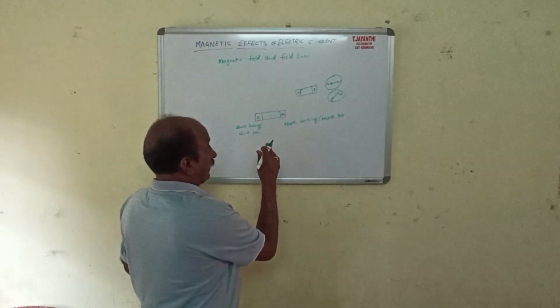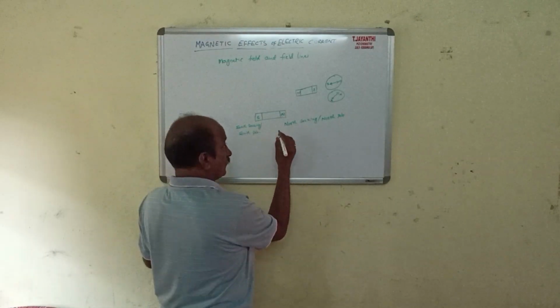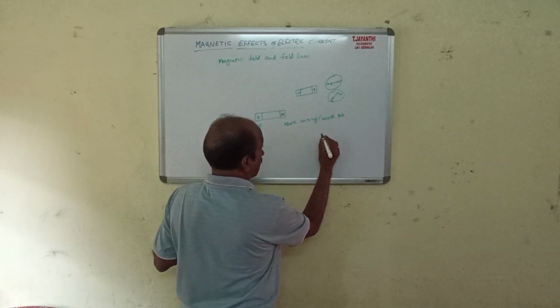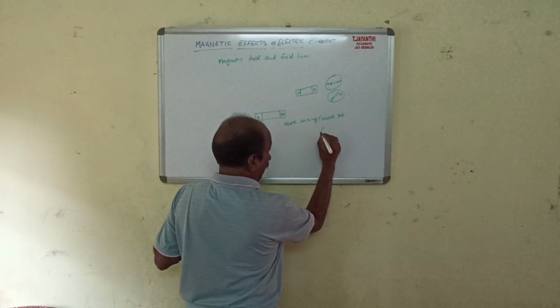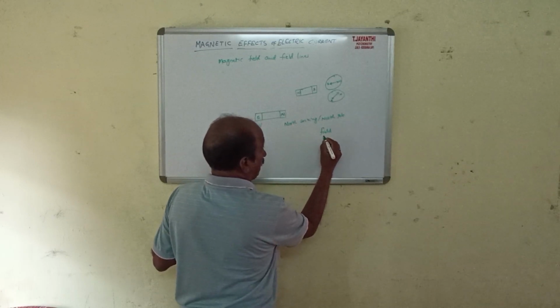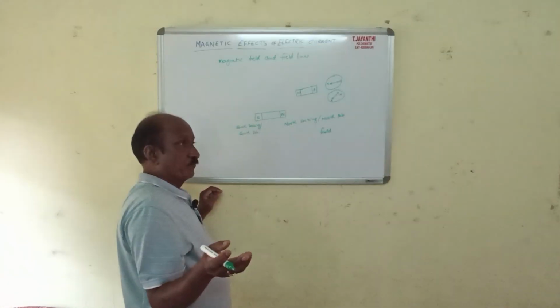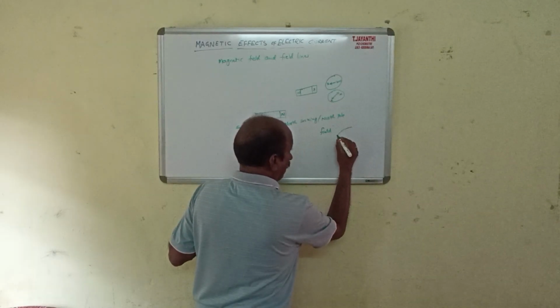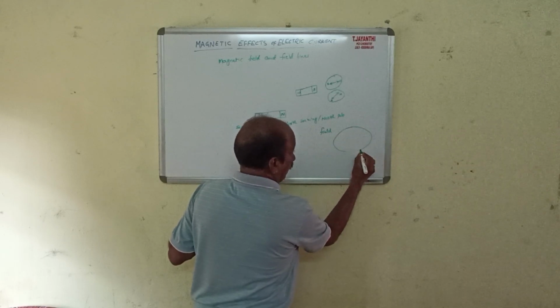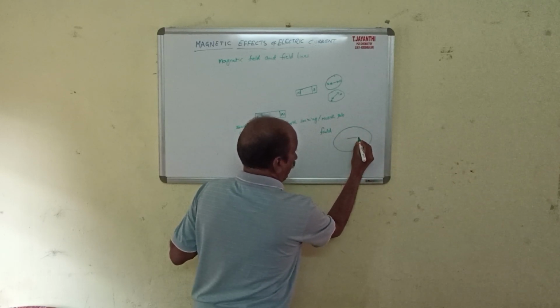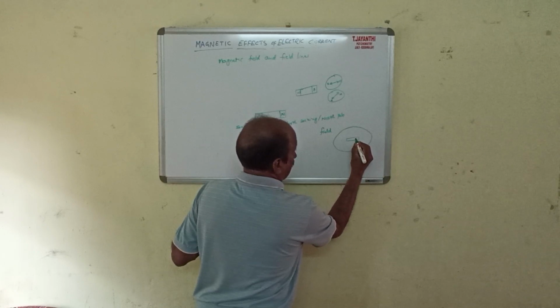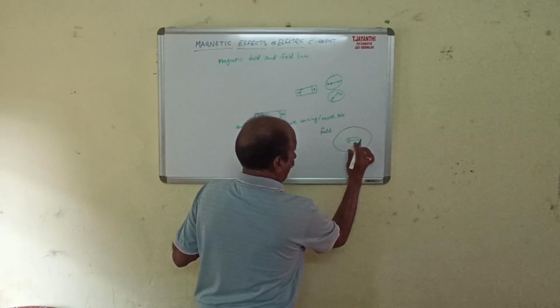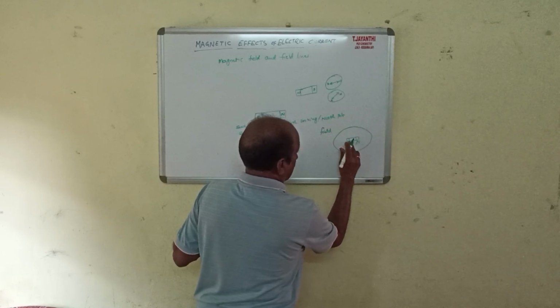Every magnet has some power, some field. A field means the boundary around a bar magnet, where this is north and this is south.